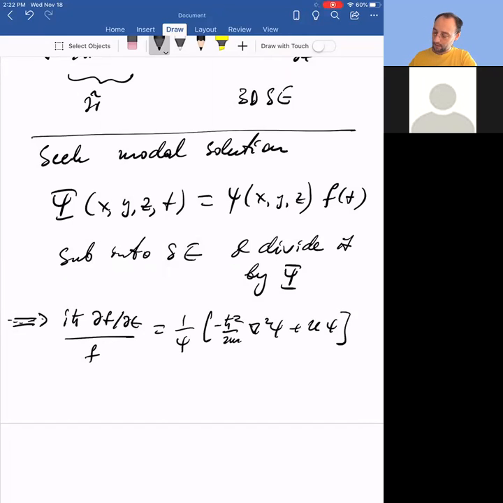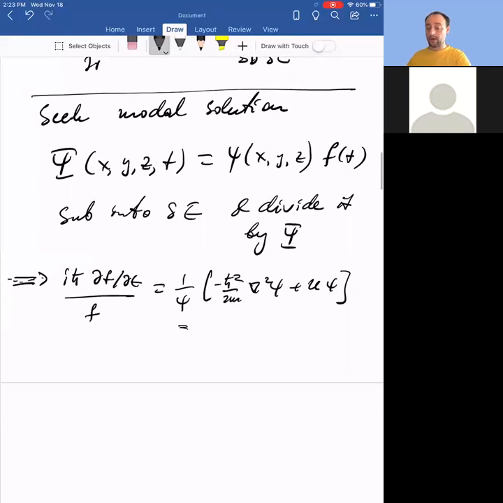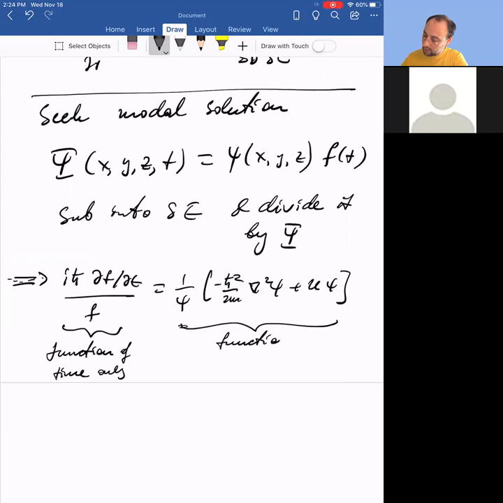So these are little psi's, not the full wave function. As before, this is actually a good review. This is a function of time only, and the right-hand side is a function of space, x, y, z, only. The only way that apples can equal oranges, the only way that a function of time can equal a function of space, is if they're both equal to a constant.